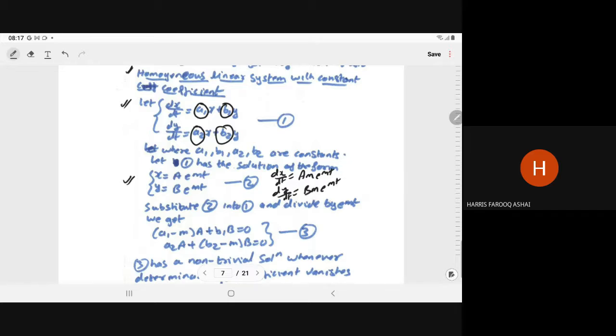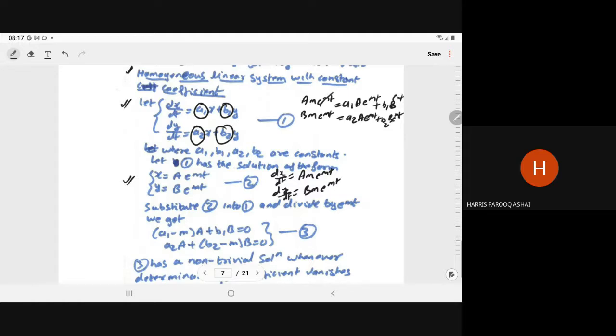So when we put this in, we have a m e to power mt is equal to a1 a e to power mt plus b1 b e to power mt, and here we have b m e to power mt is equal to a2 a e to power mt plus b2 b e to power mt, right.